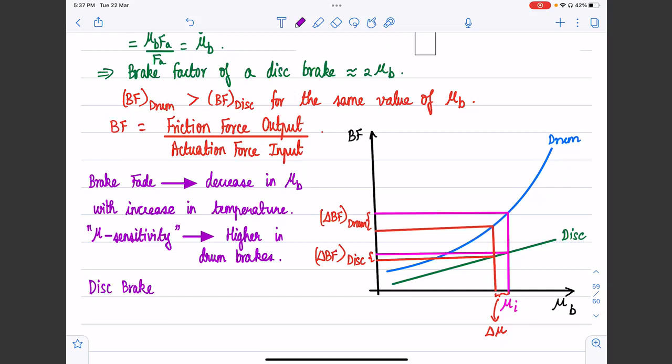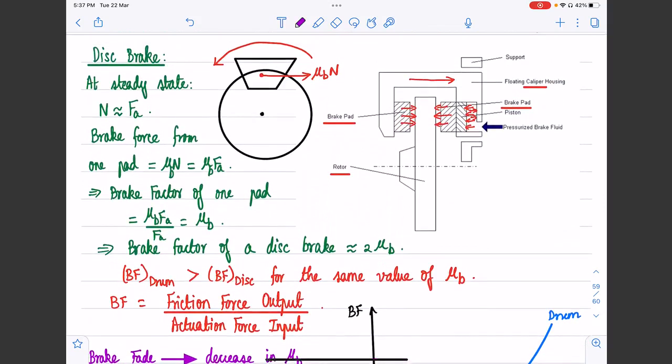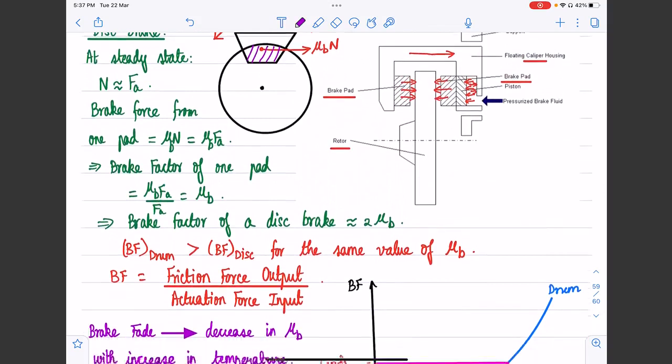Consequently, the heat dissipation characteristics of drum brakes are relatively poorer when compared to disc brakes. Because of the way disc brakes are set up, the brake pad contacts the rotor over a small area, right over here. When the rotor rotates, this hot area moves and is exposed to flowing air, which can lead to better heat dissipation.